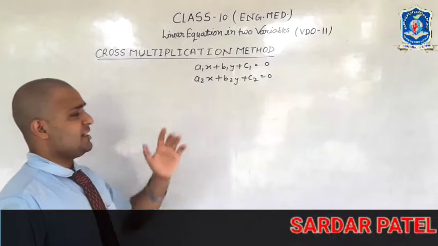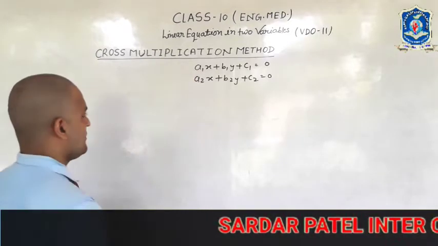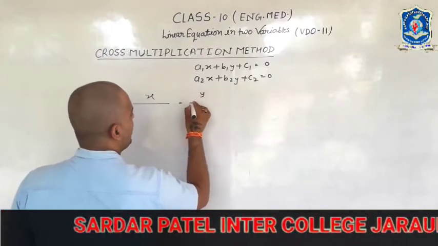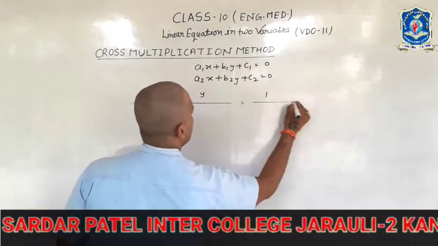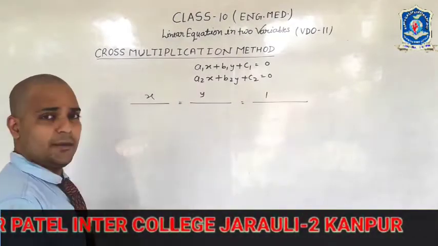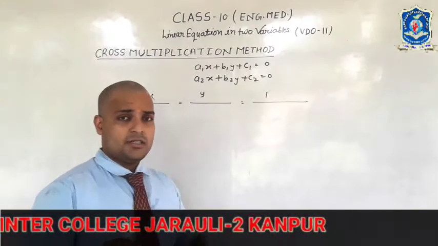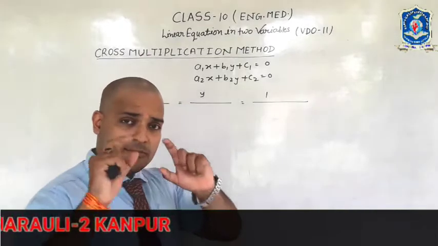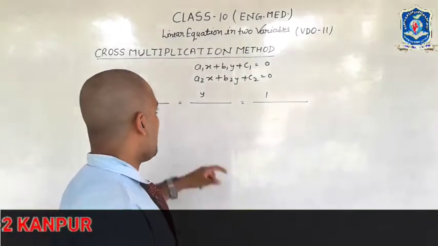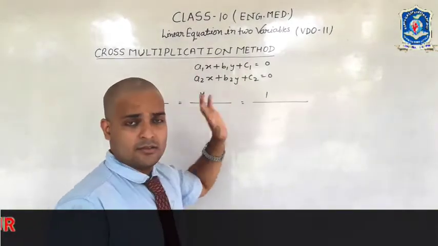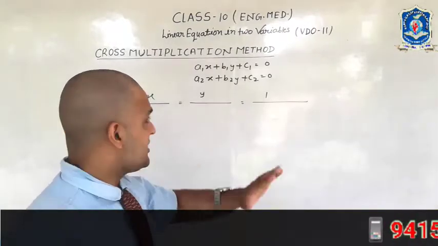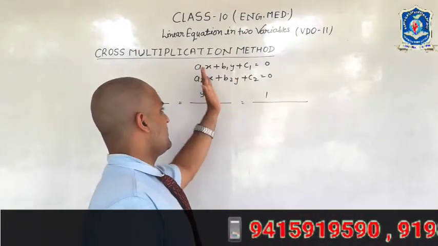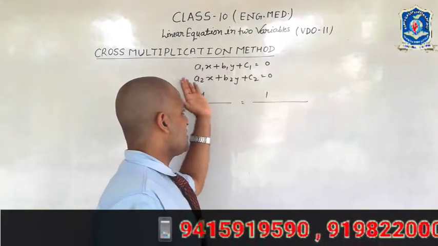Now in the cross multiplication method, the form is x upon, y upon, 1 upon. First, you should remember that your equation must be in this form. If the constant term is on that side, bring it to this side.